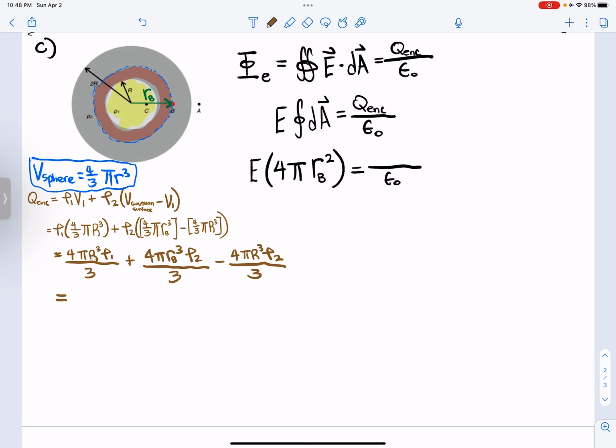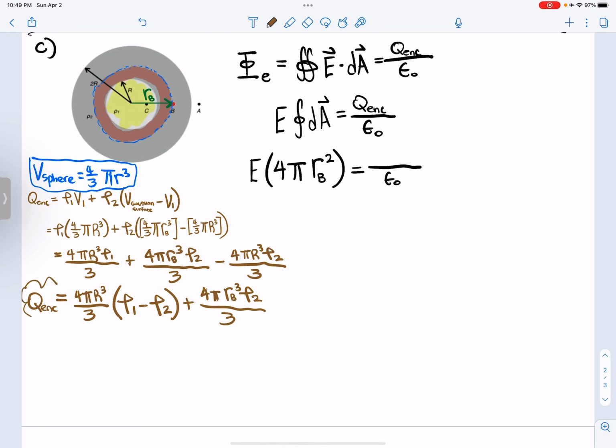All right, and I'm gonna group these terms together since I could factor out 4 pi r cubed over 3. So that becomes 4 pi r cubed over 3 times rho 1 minus rho 2 plus 4 pi RB cubed rho 2 over 3. And that is my charge enclosed, okay? Put a cloud over it.